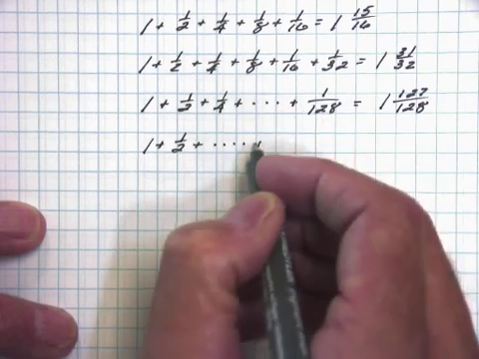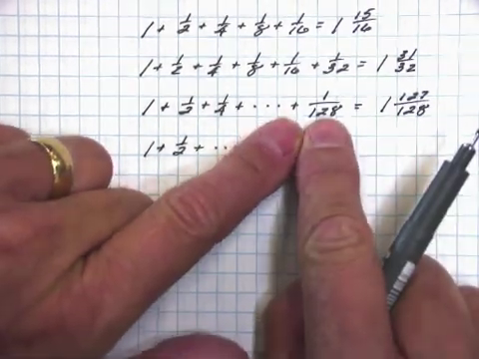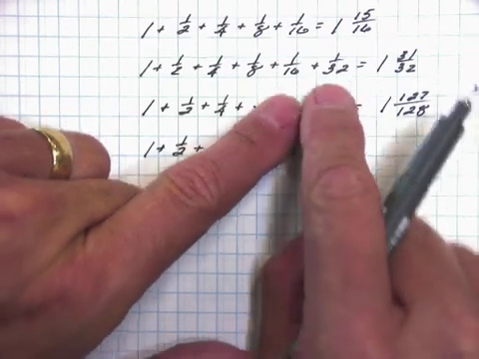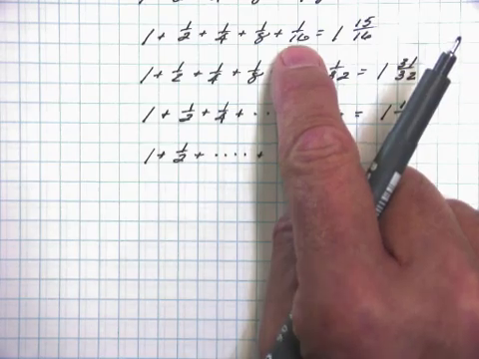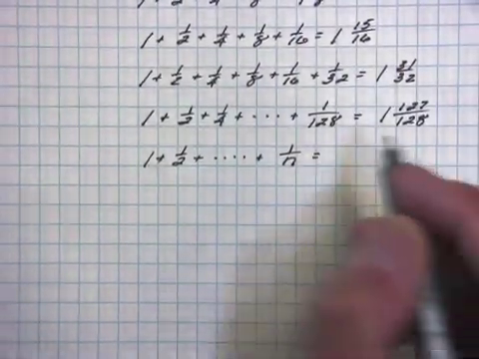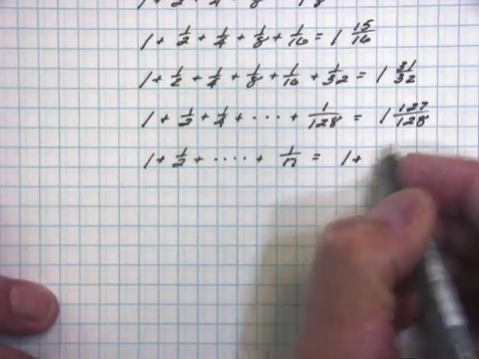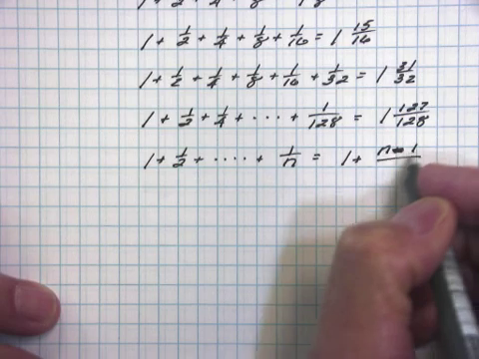So we're practicing fractions, but we're looking for patterns. So what we've got is, if I were to write this in generic terms, I've got 1 plus a half plus, and we just keep that pattern going, up to plus 1 over n. So in this line right here, n would have been 128. In this line, n would have been 32.